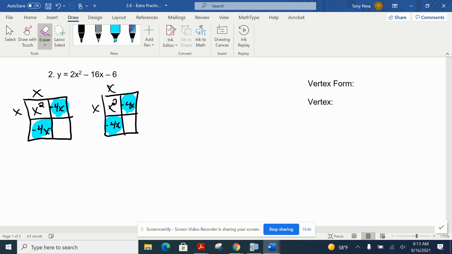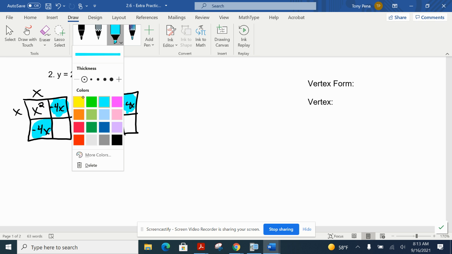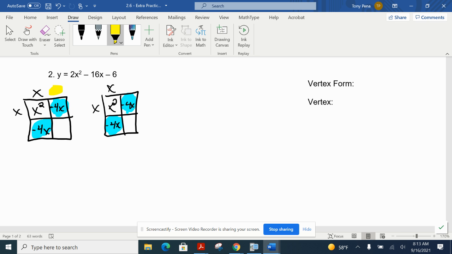Perfect. So now, if we know that, fill in this spot, and this bottom right-hand corner. So now we should be able to fill in the rest of those 2 areas. So fill those 2 guys in.